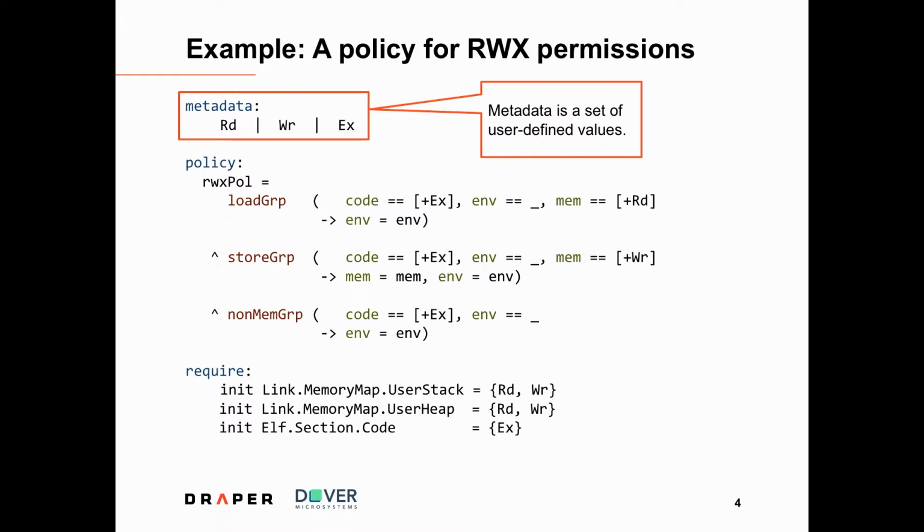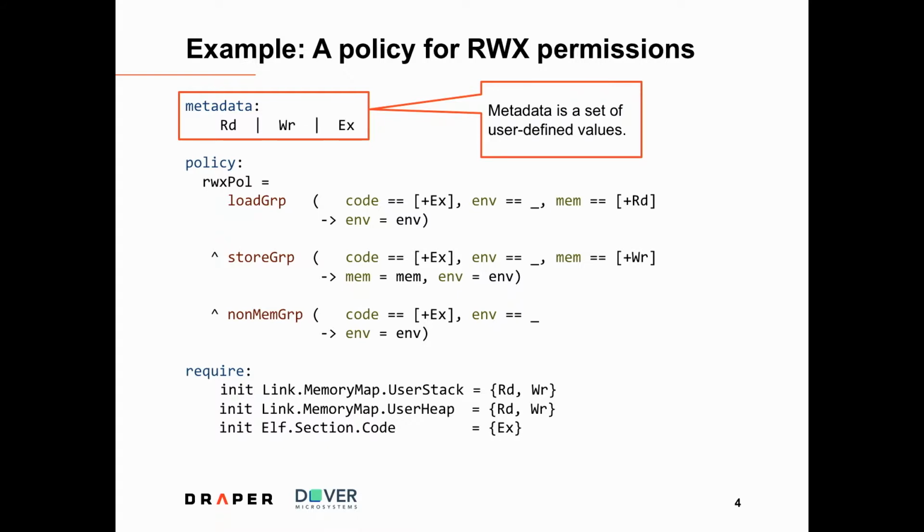In this case, this policy enforces read, write, execute permissions. Other policies enforce memory safety or permissions, and the metadata might describe different things in those policies. So the metadata in this policy, you can think of it as being a set of values, and in this policy there are three possible values: read, write, and execute. So if I've got a word of memory, my policy language is going to track metadata associated with that memory.